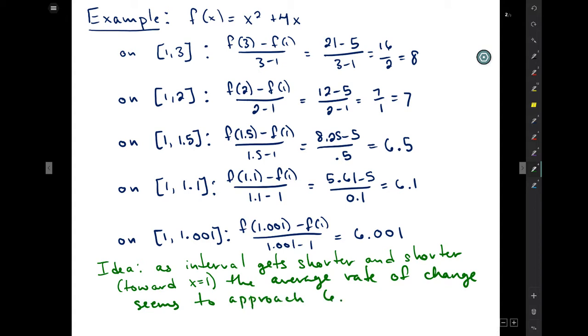You could imagine if I made this interval shorter and shorter and shorter and shorter, my average rate of change would get closer and closer and closer and closer to 6.